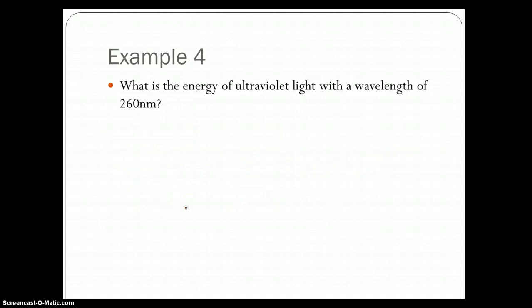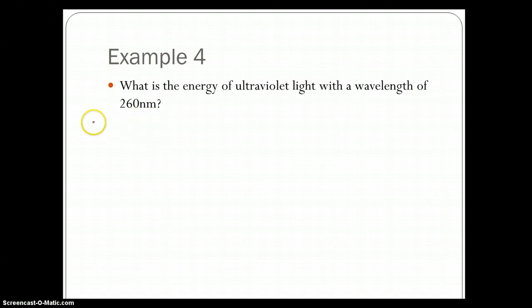Okay, one more example. This one's going to be a multi-step example. What is the energy of ultraviolet light with a wavelength of 260 nanometers? NM stands for nanometers. You see that unit a lot because it's a tiny little unit, and we don't want to use nanometers in our formula because we need meters in order to use our speed of light formula.